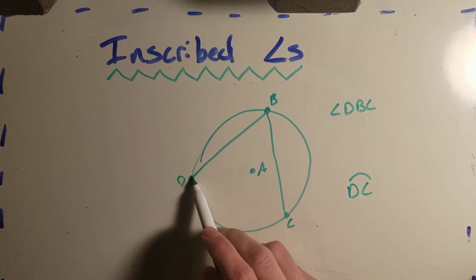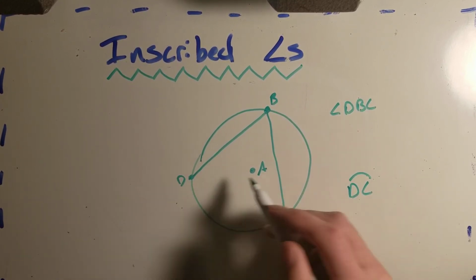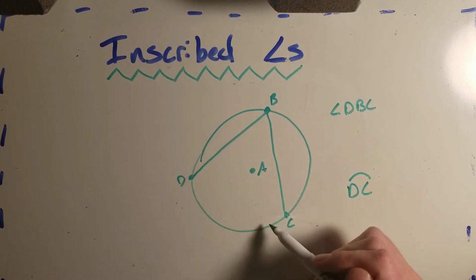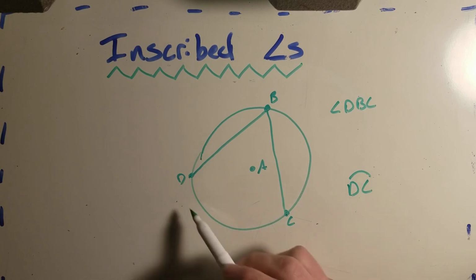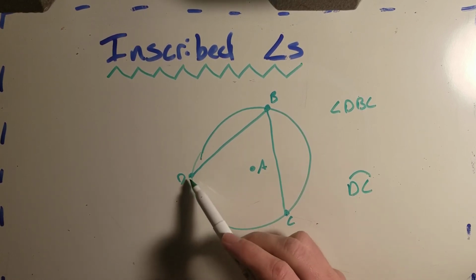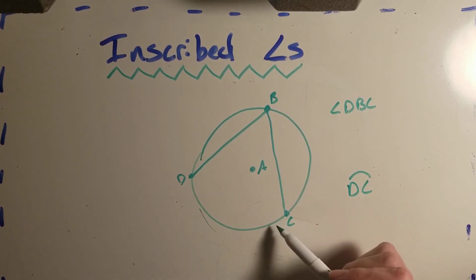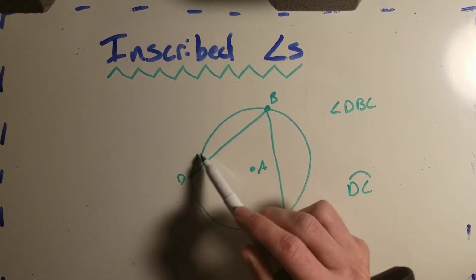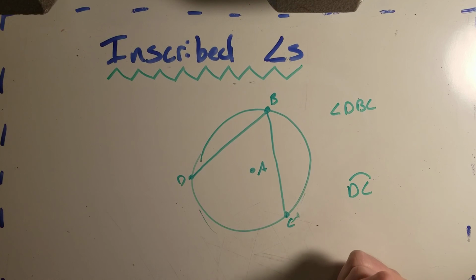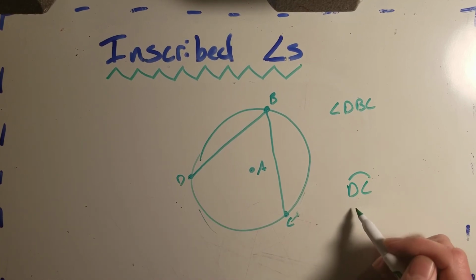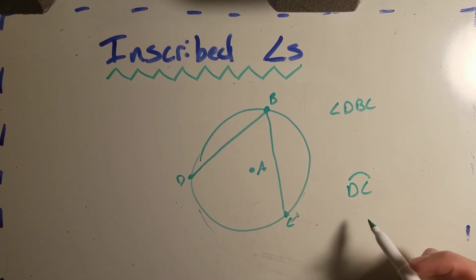Notice how both the endpoints of that arc fall on the inscribed angle DBC. It also is the arc that is on the interior of the angle. So DC is the arc on the interior. It's that minor arc, not the major arc that goes the other direction, the larger one. It's the one that's on the interior of the angle. So DC we would call an intercepted arc here.